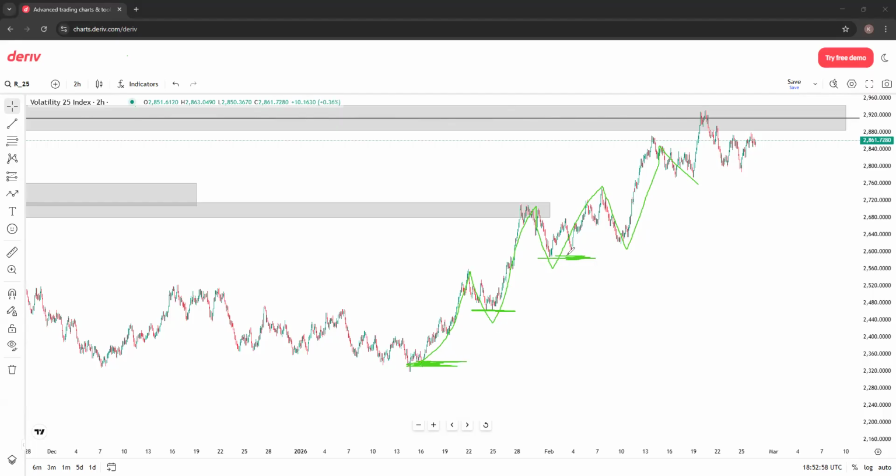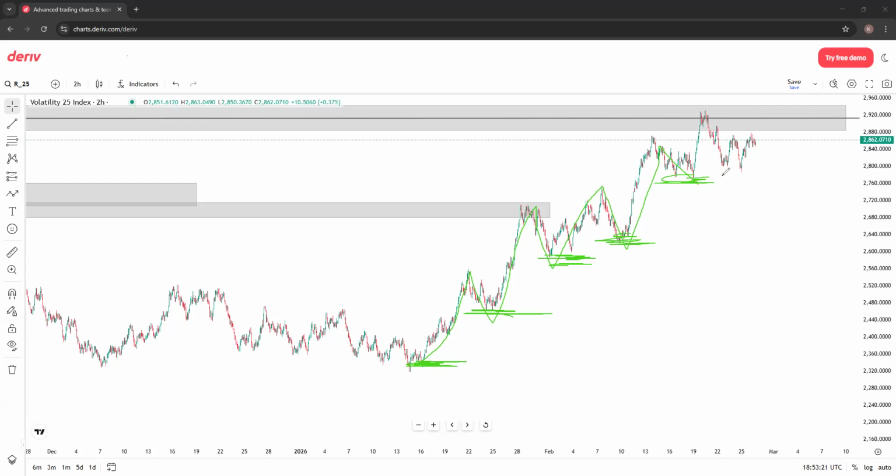This newly made low here never came to take this low. And this newly made low here never came to take this low, meaning that each and every new low that's being made is trending above the previous low. So in that way, we can know that the market is buying.